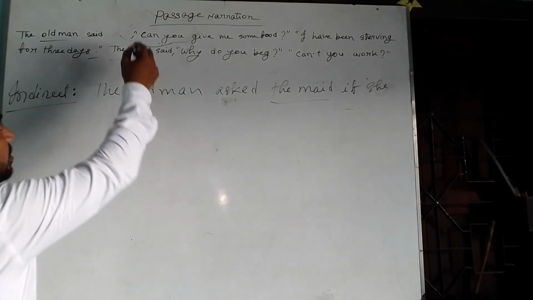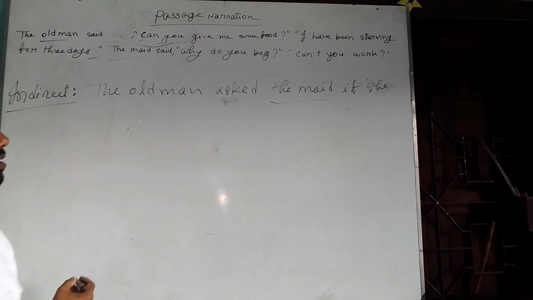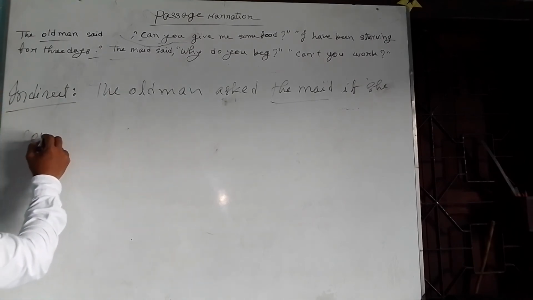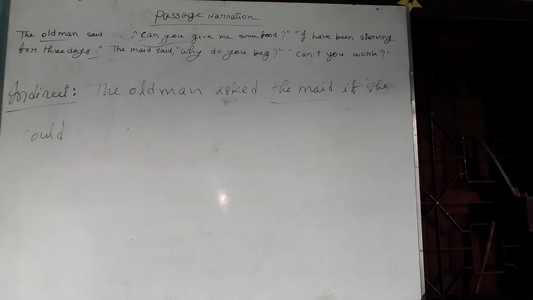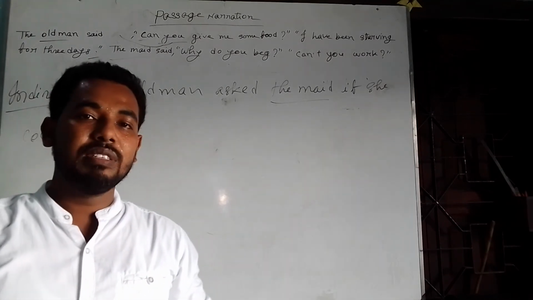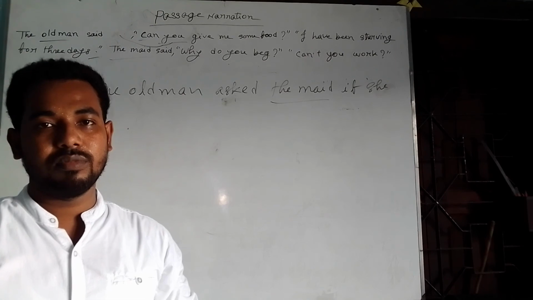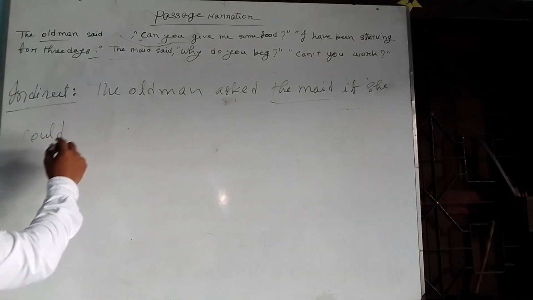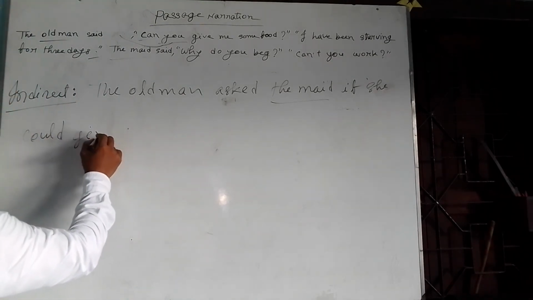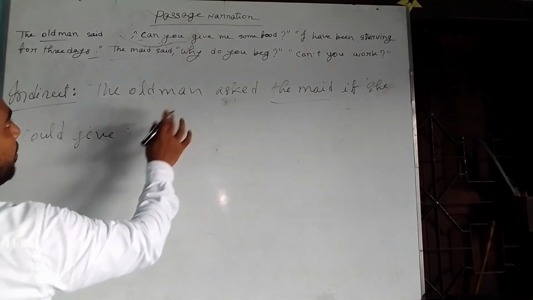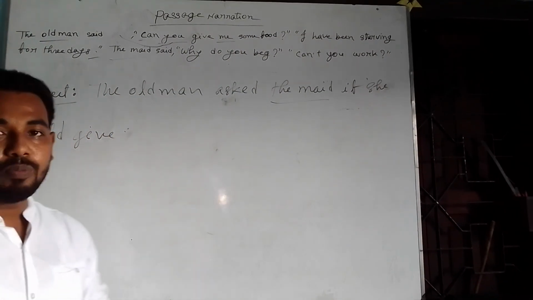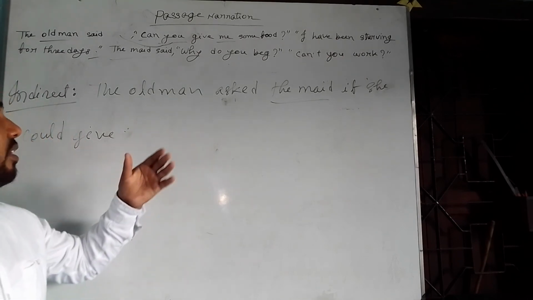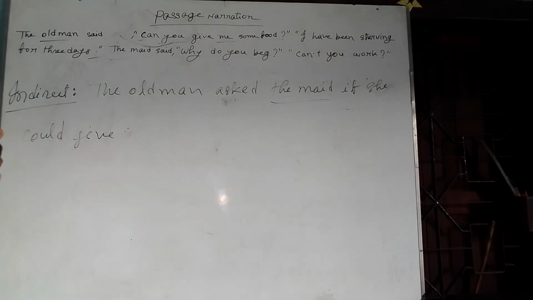Here there is an auxiliary verb can, it will be could because the reporting verb is in the first form. That is why the tense will be changed according to the reporting verb. Could, give, me, give. Then here pronoun I, object form is used here.